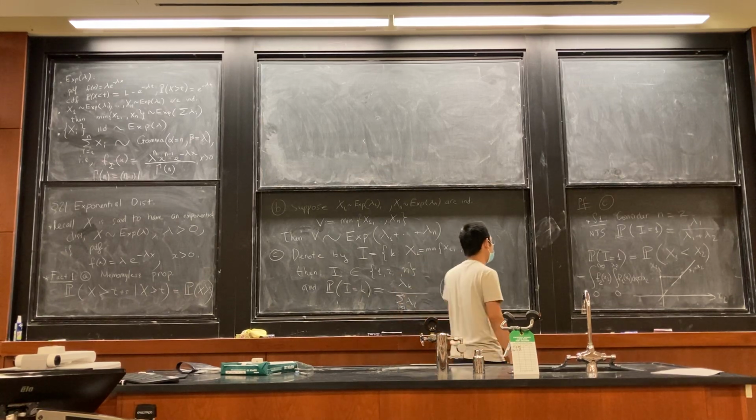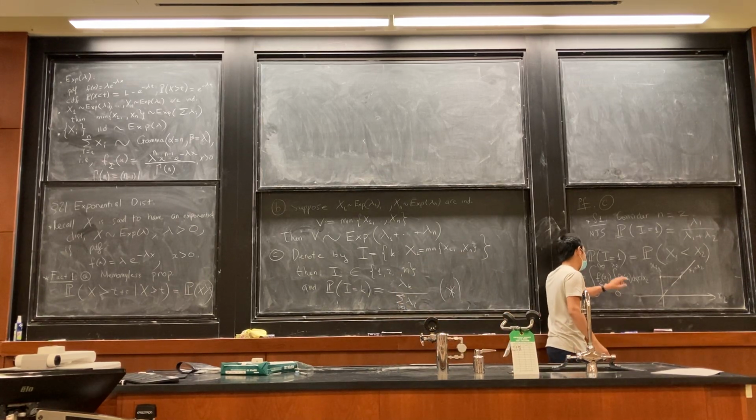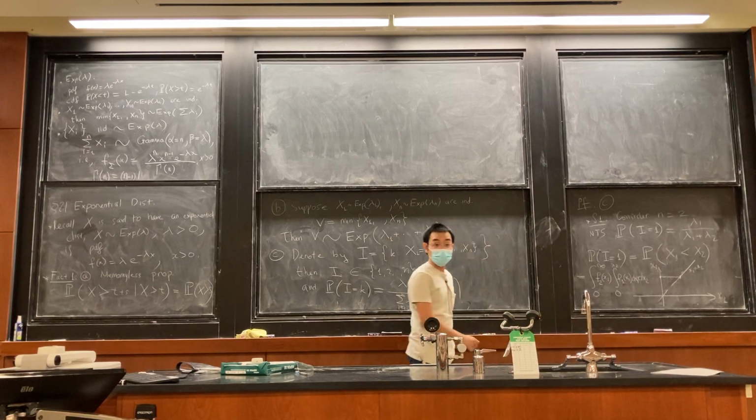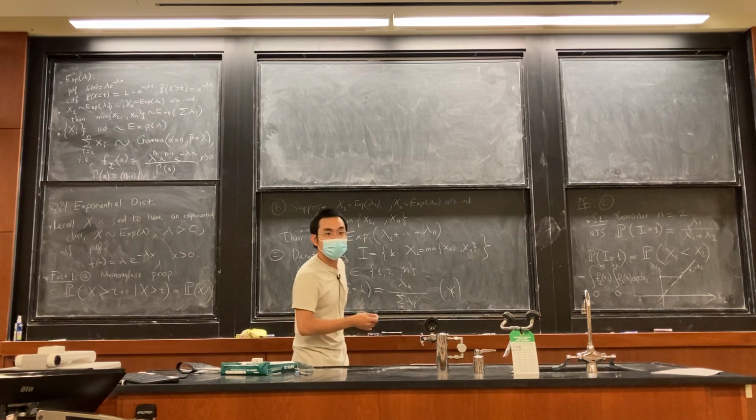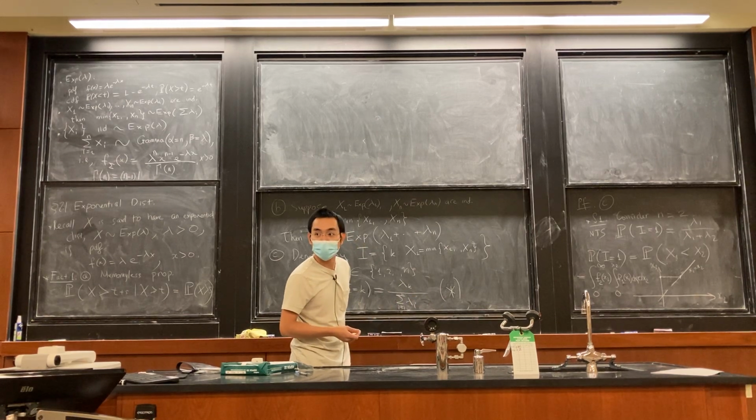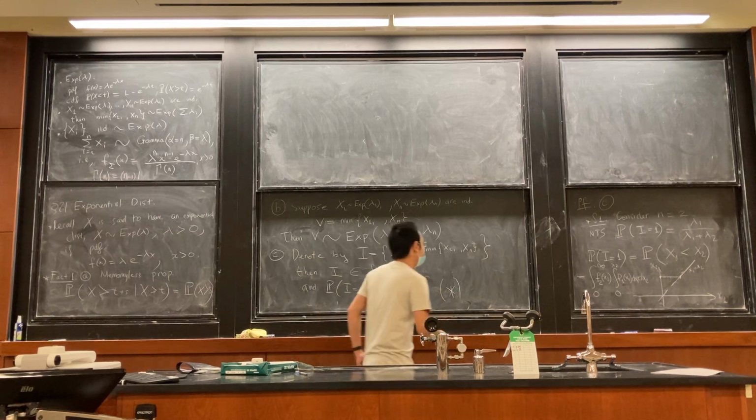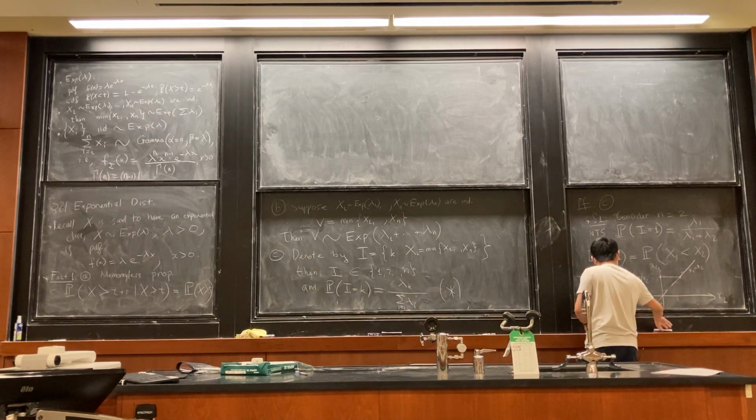Across here, the f_i's are the density of the x1, x2, and because they're independent, the joint density is just the product of the densities.